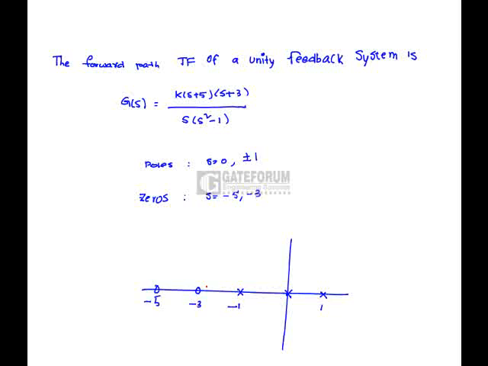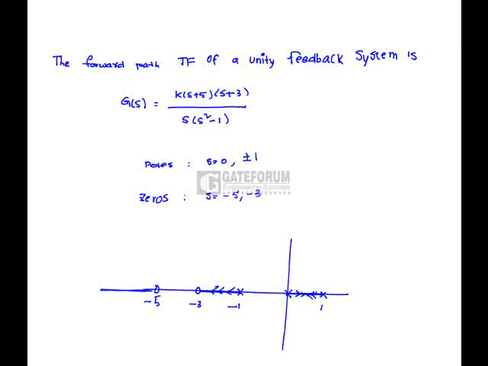The portion of the root locus is going to lie where the number of poles and zeros to the right side of it is an odd number. So this is going to be in the root locus, as well as this, and this. So this moves in this direction.